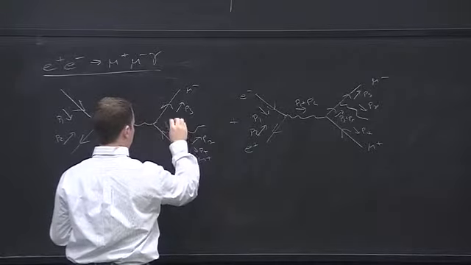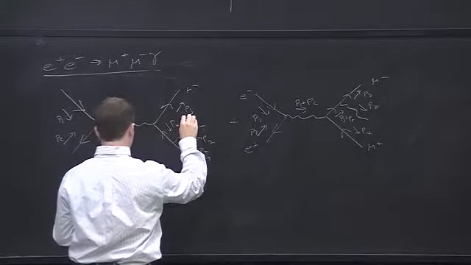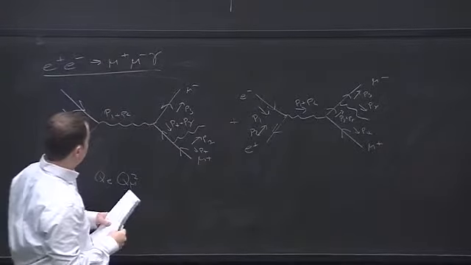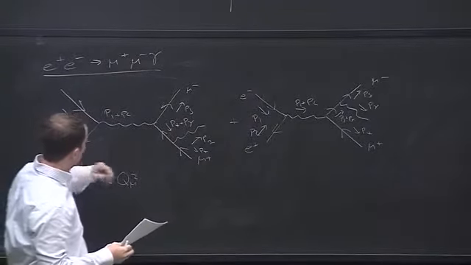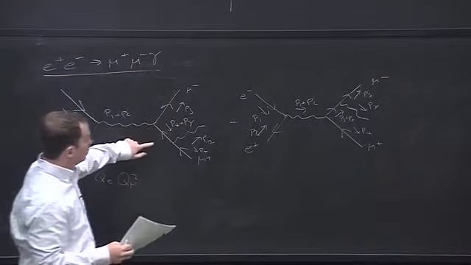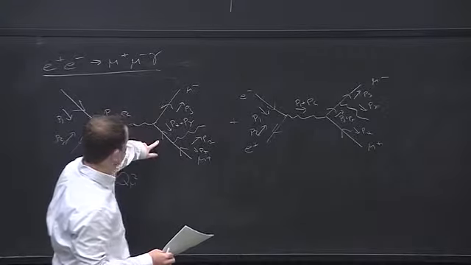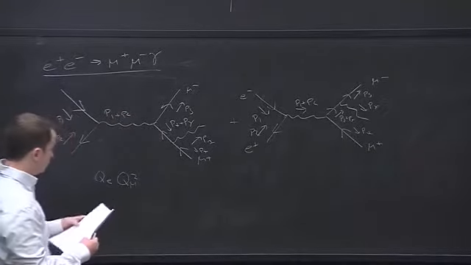And so the difference between these two diagrams is simply the momentum carried by the fermion line.